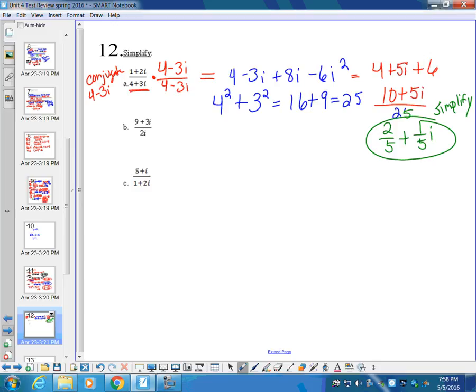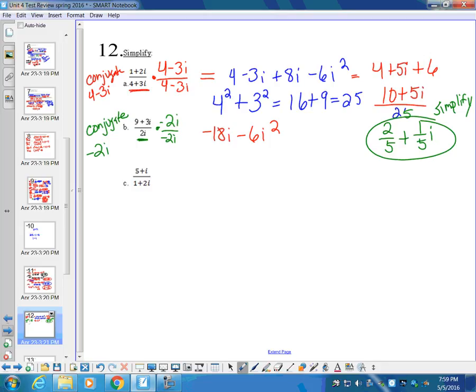All right, B. Looking at the bottom, the conjugate, the opposite of 2i, is negative 2i. So you're multiplying top and bottom by negative 2i. Negative 2i times 9 is negative 18i. Negative 2 times 3i is negative 6i squared.